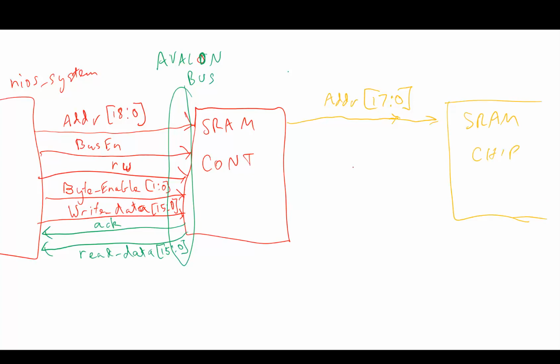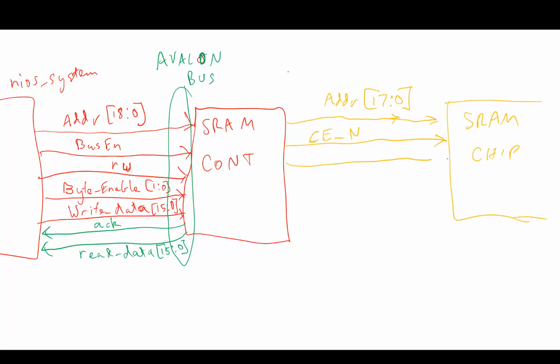So you have 18 bits of address lines, and now instead of a bus enable, you have a chip enable, and it's active low. That's what the _n means.